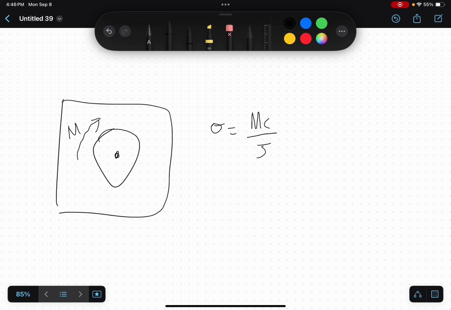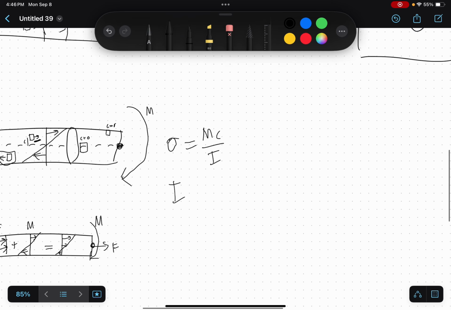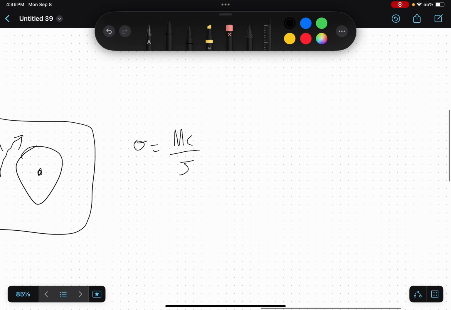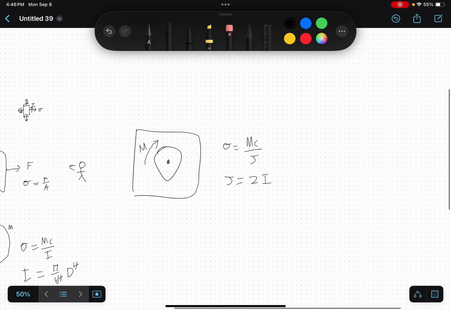MC over J. By the way, I forgot to say this earlier, but I for a circular shaft is pi over 64 times d to the 4th. And J equals 2 times I, like always.